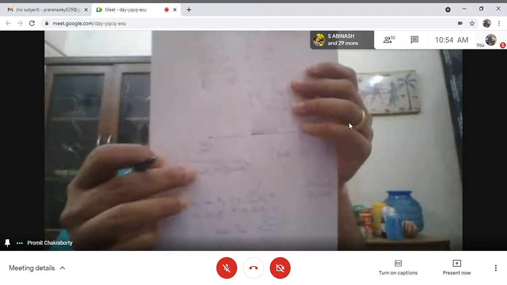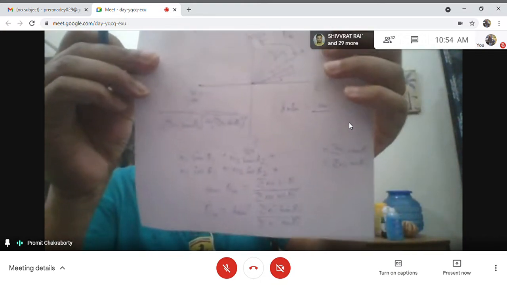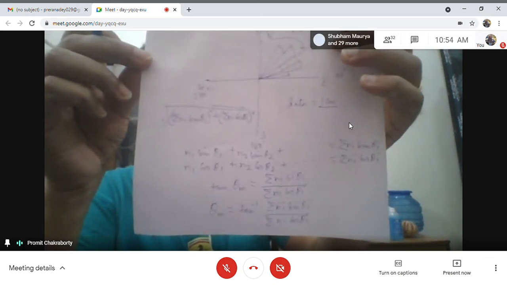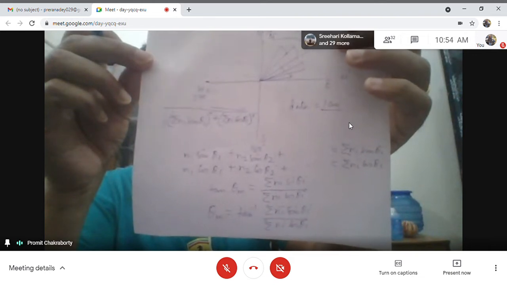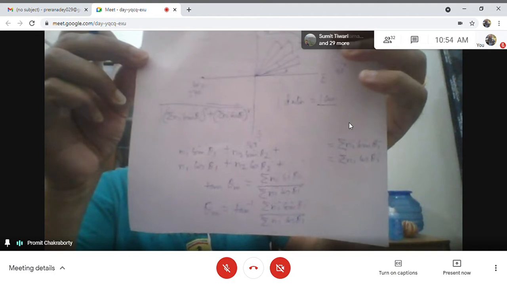This will be the magnitude of the vector: root over of sigma ni sin i square plus sigma ni cos i square. That is the vector magnitude.